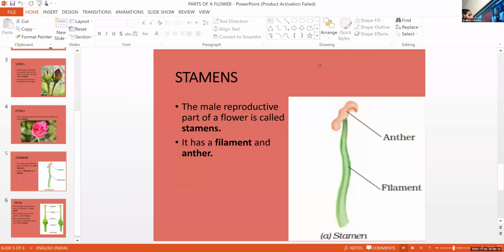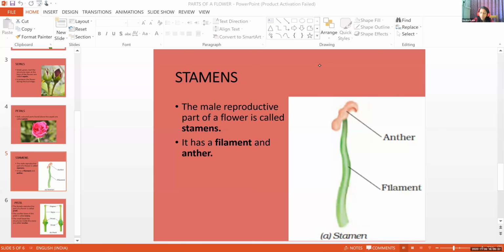Not all flowering plants have these structures. You have to note that. It's not necessary that you find all the parts you learned in a particular flower. Some plants do not have some of the structures. Okay, Devika.